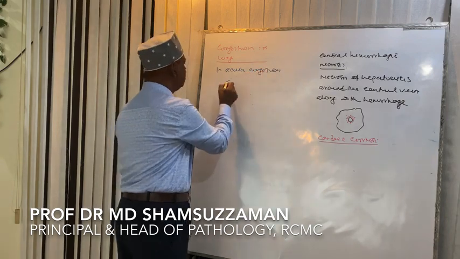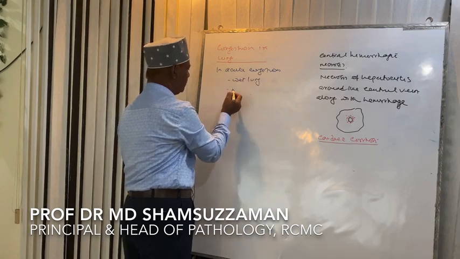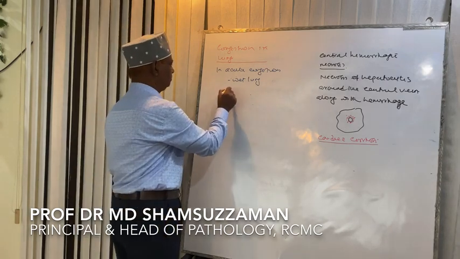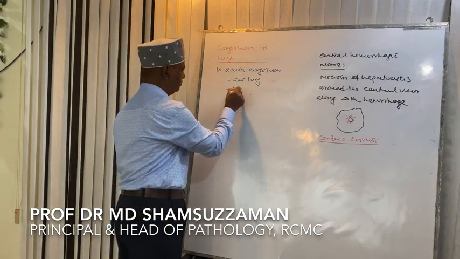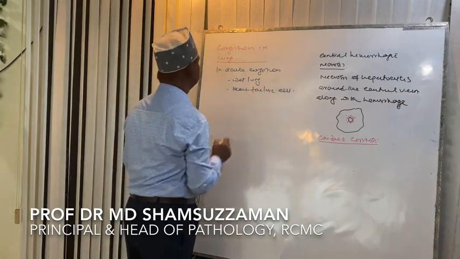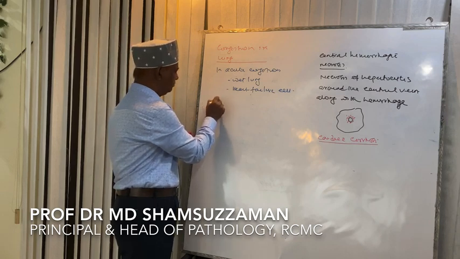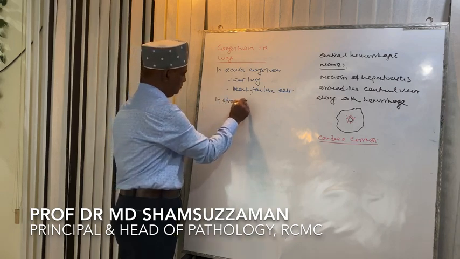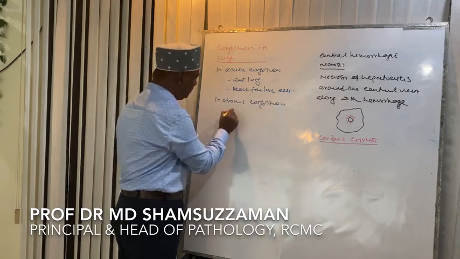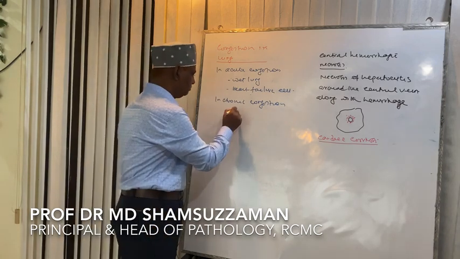There will be wet lung, there will be formation of heart failure cells. And if chronic congestion in lung, there will be formation of brown induration.